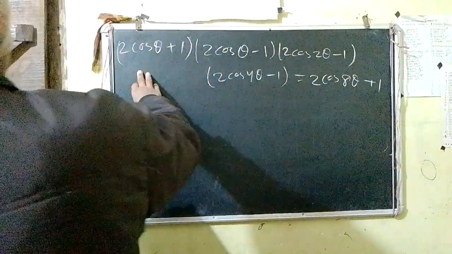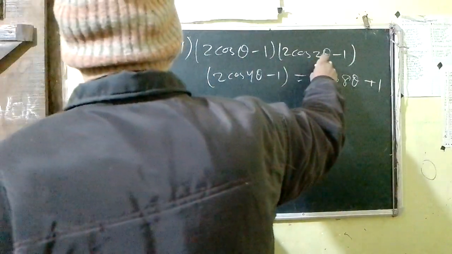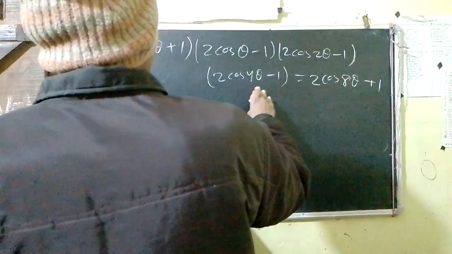Let me write it again: 2 cosine theta plus 1 times 2 cosine theta minus 1 times 2 cosine 2 theta minus 1 times 2 cosine 4 theta minus 1.